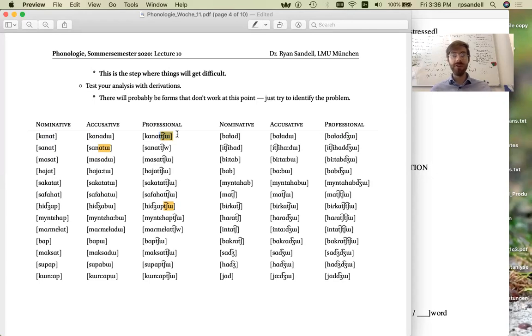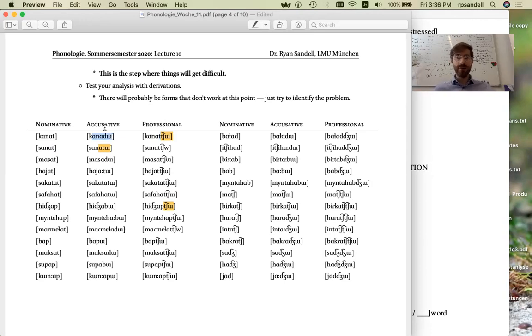But it could be just the other way around, namely that the underlying form of the professional suffix is voiceless, that the underlying form is ju, and that forces the consonant at the end of this alternating stem to become voiceless.